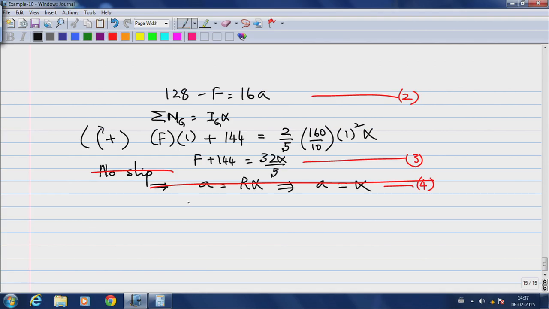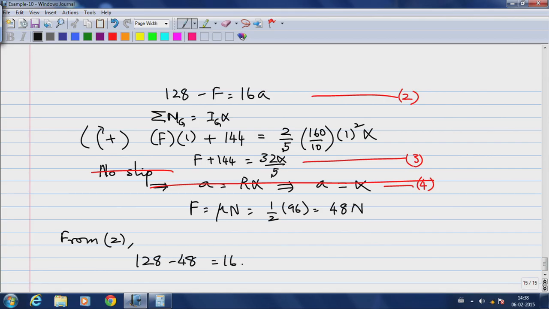Instead, what we have is F equals mu times N, that is equal to half times 96, which is 48 newtons. So, if F equals 48 newtons, then from equation 2, 128 minus 48 equals 16 times A, which implies A equals 8 meters per second squared.